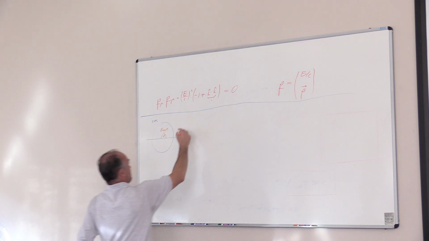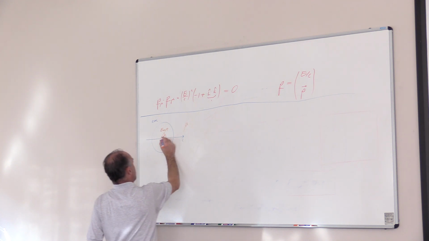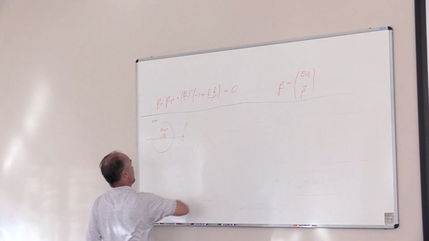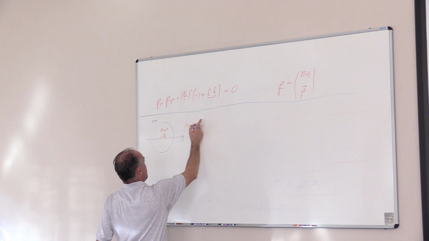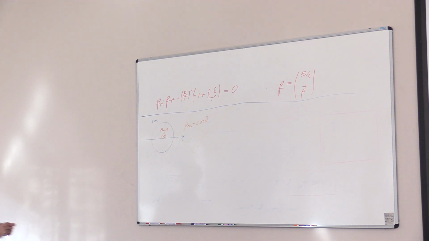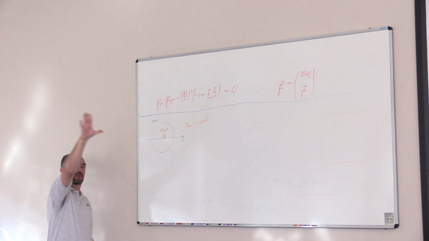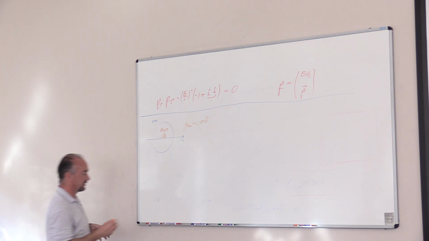And just to save a little bit of writing, we call mu in the emitter's frame equal to cosine theta. Okay, so that is one frame in which a photon, a ray of light, is emitted.